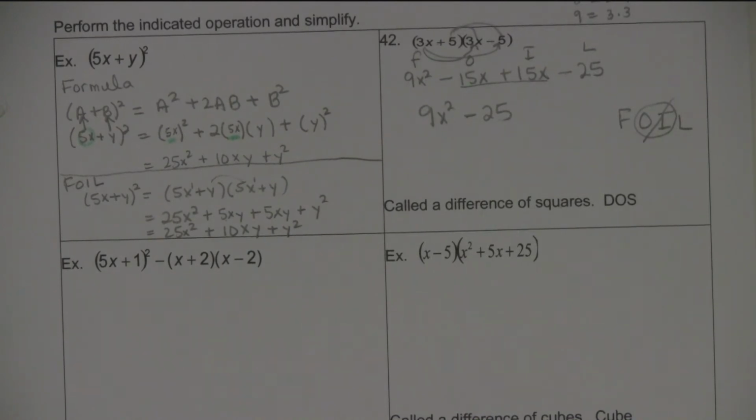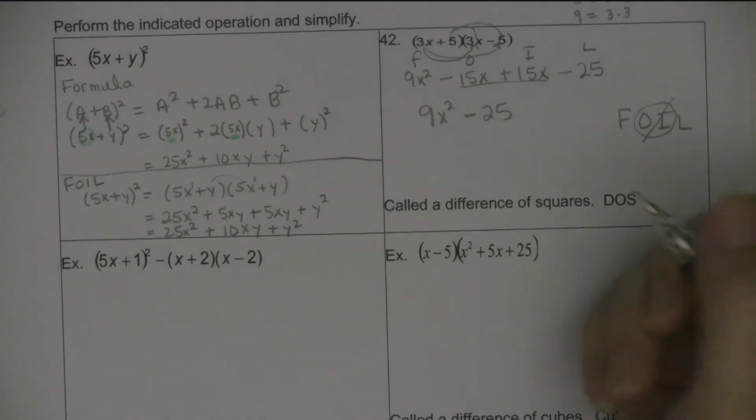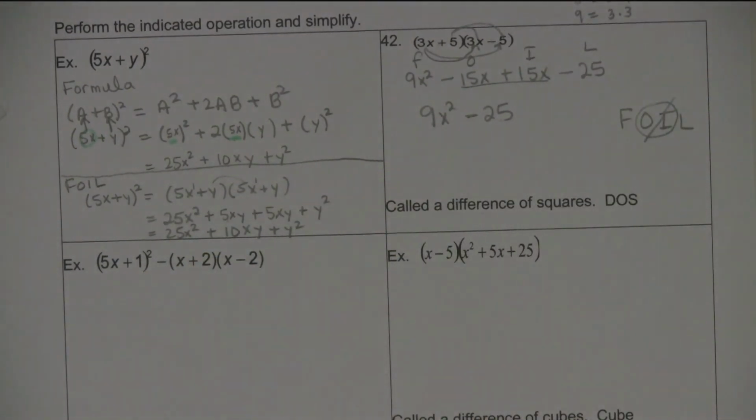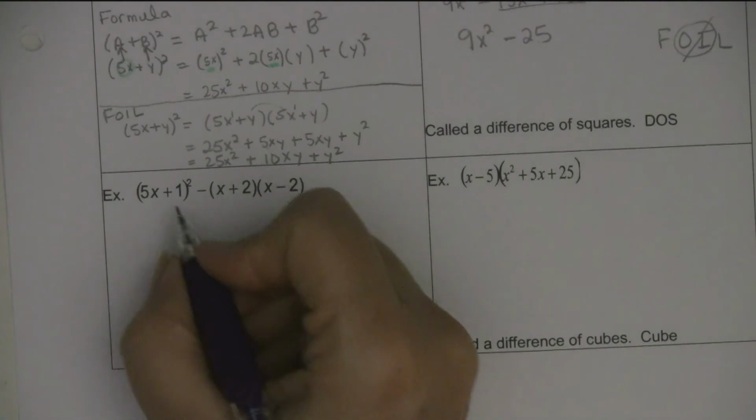And that's one of the things they show you in the book, because this was special products, special multiplying. If you're going to get this, you might as well only do the first and the last, since the outer and the inner are going to make 0. And I'm good with that, if you like. And in fact, I'll do it on the next one.